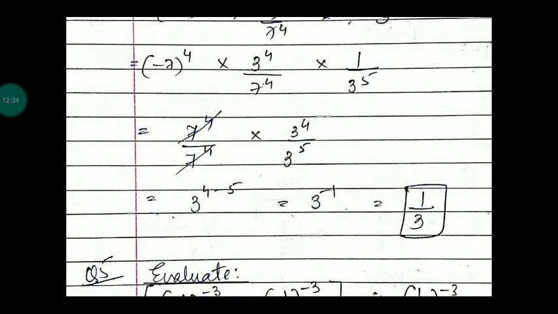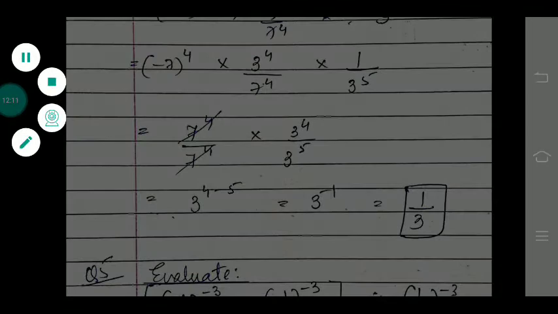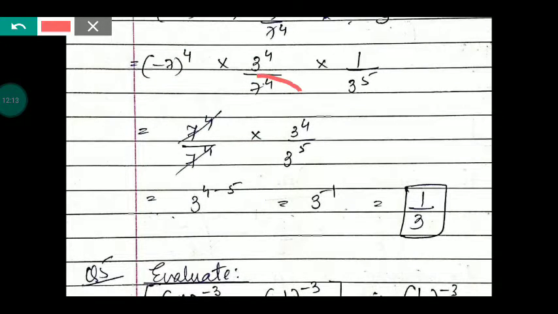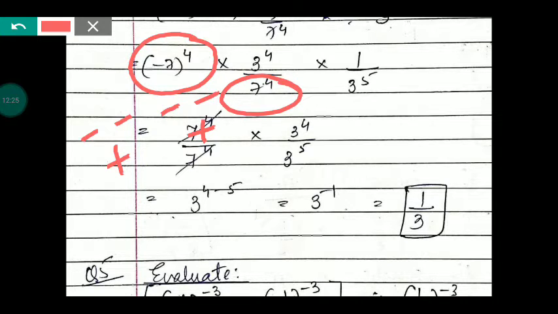In the next step you can see that minus 7 raised to 4 upon 7 raised to 4. Both are the same base, but here there is a minus sign. But as you all know, minus minus plus, minus minus plus. These are the 4 negative things. So it is an even number, so ultimately it is a plus sign.